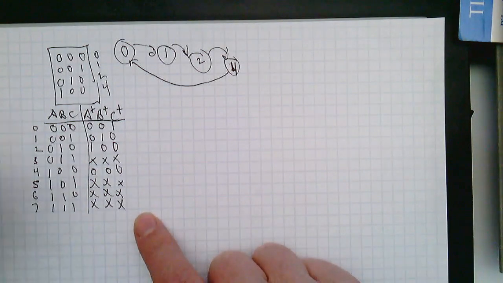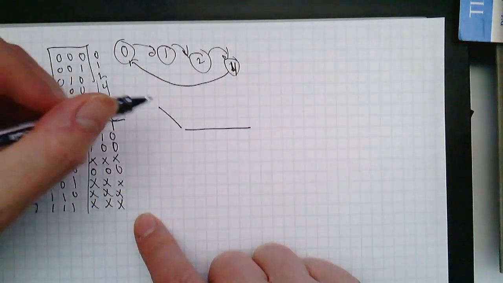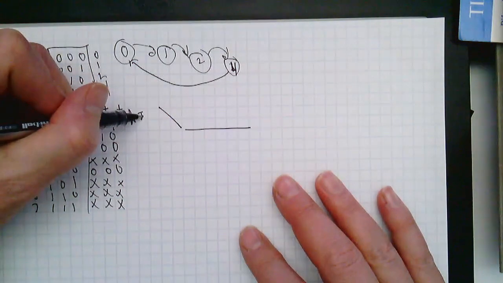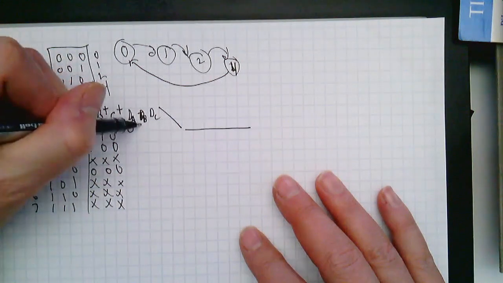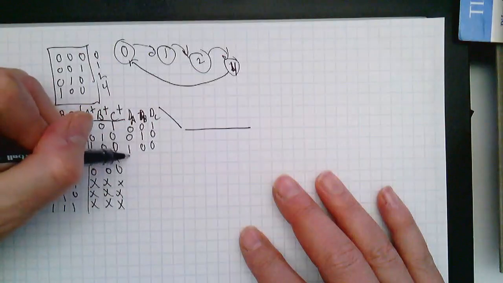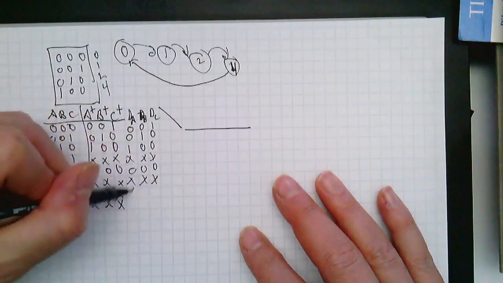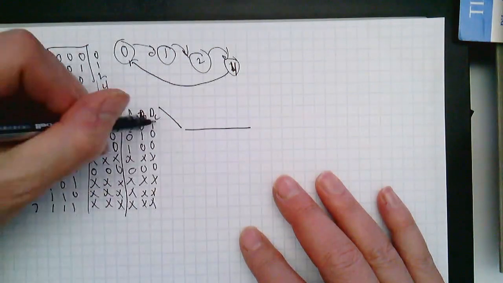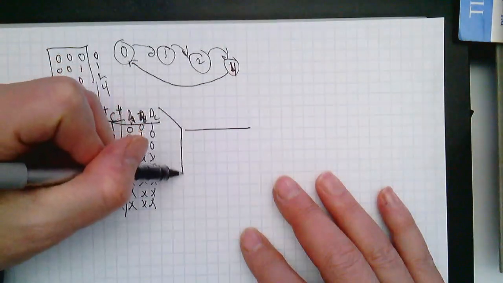Now, I forgot to do the D sub A, D sub B, D sub C. We'll just copy everything over, because we chose a simple flip-flop design using D flip-flops.